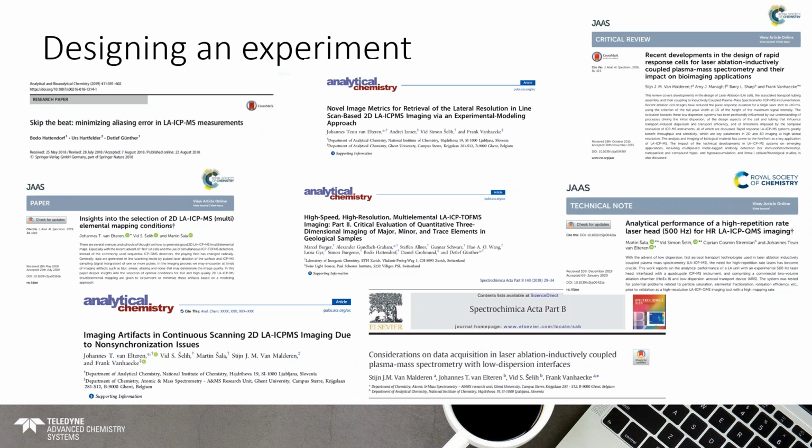Now, keep in mind though that having capable hardware like fast aerosol transport devices or fast washout cells, high repetition rate lasers, or lasers that can ablate spots smaller than 1 micron, does not always translate into having good quality data.